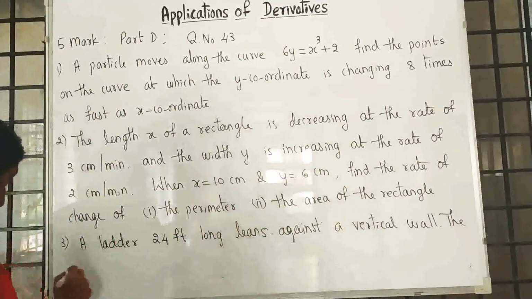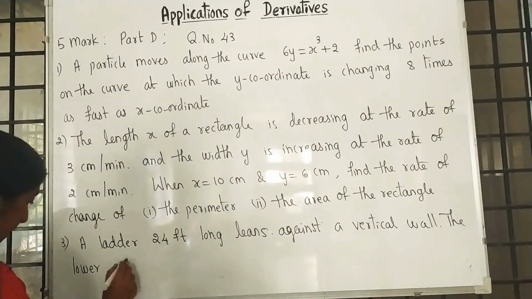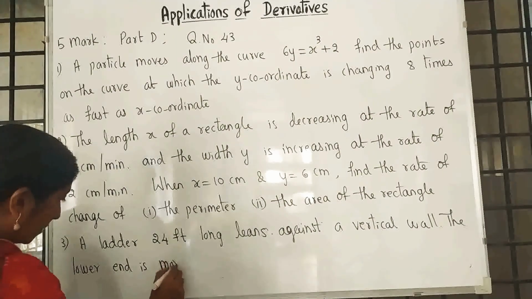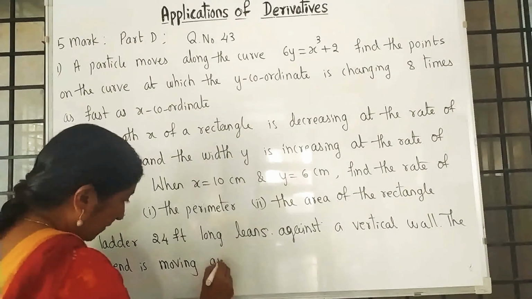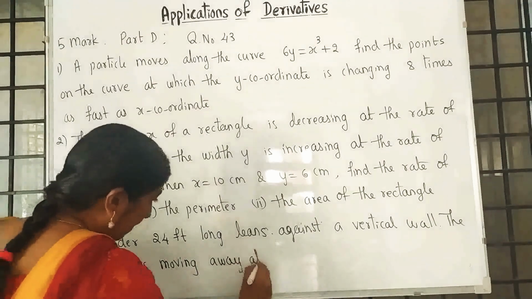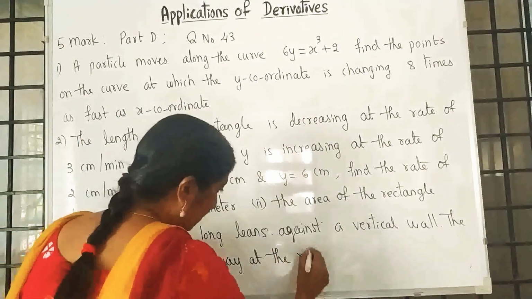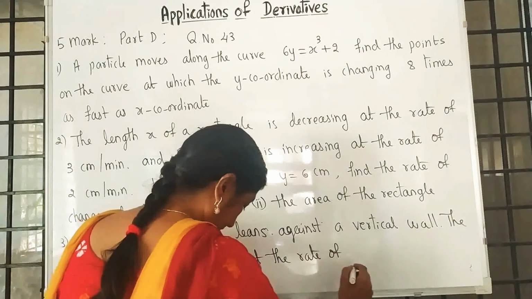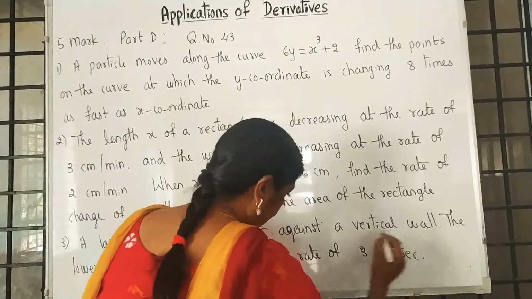The lower end is moving away at the rate of 3 feet per second.